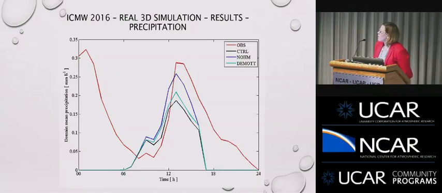If we compare our simulations with observations, the red line shows the radar integrated domain mean precipitation, the black line shows the control Cooper, the dark blue is the control Cooper without Halep-Mossop, and the light blue shows the Demott results.